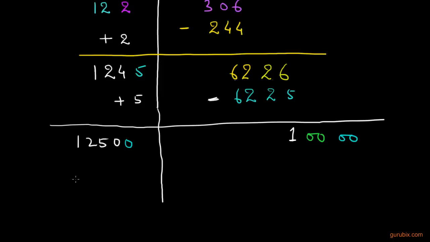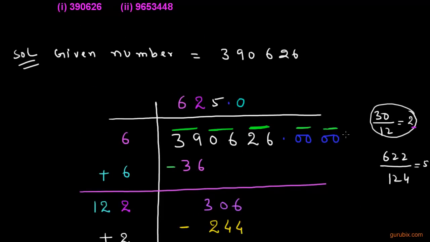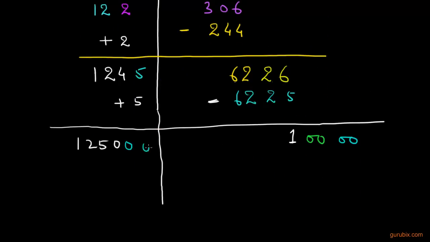We observe that we cannot divide this 10,000 by this 12,500. So we put another pair of zeros here and bring it down after putting zeros here and here.